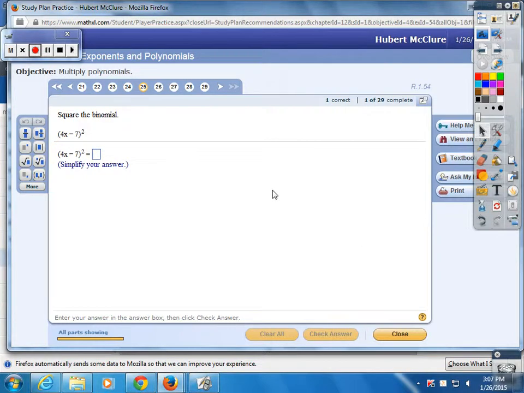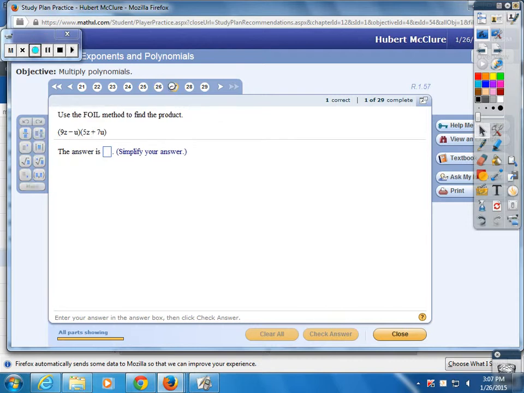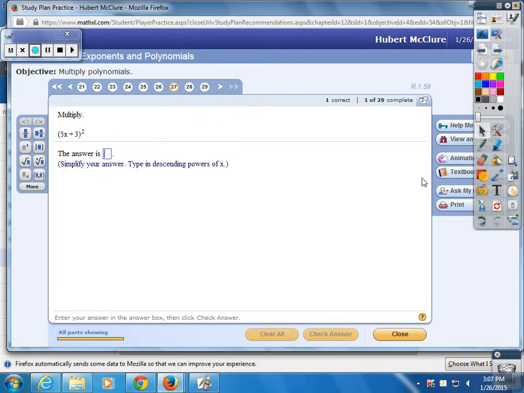So that'd be 16x squared minus 56x plus 49. Use the FOIL. What does this one look like? Shortcut number 1. Good. I think I heard 1.